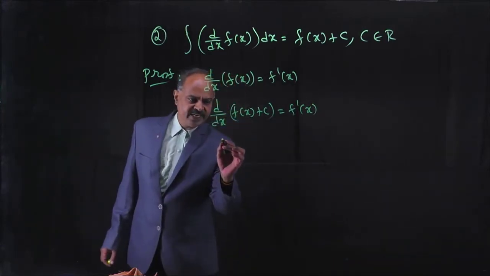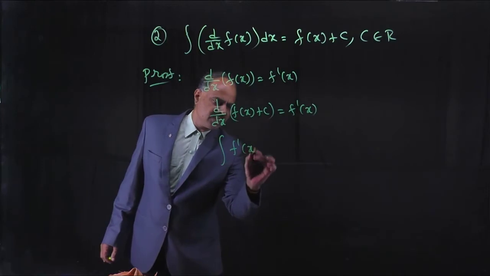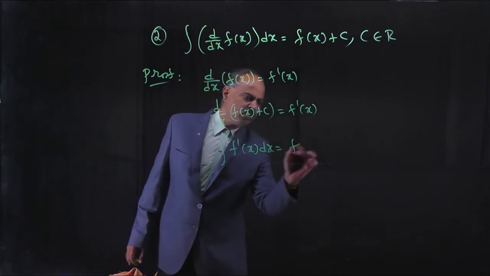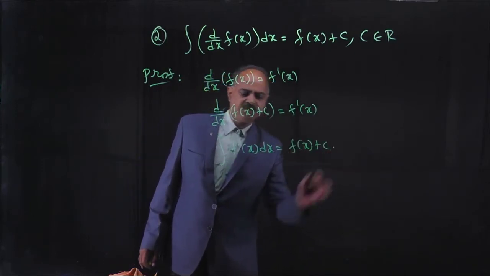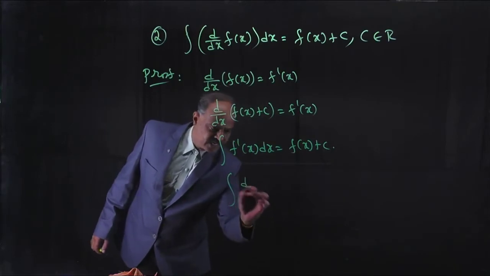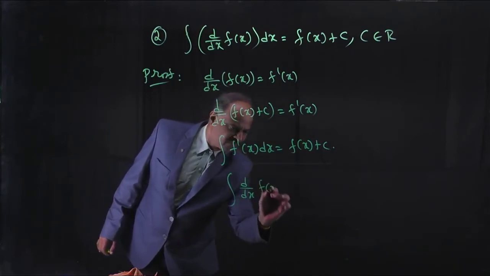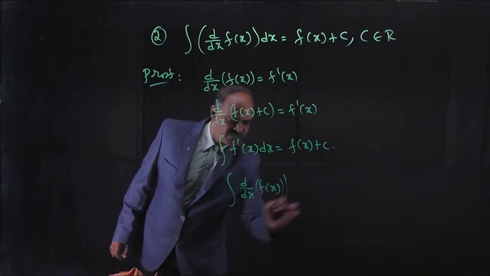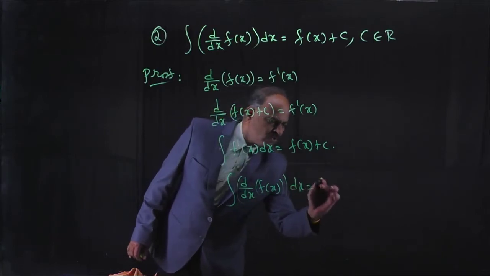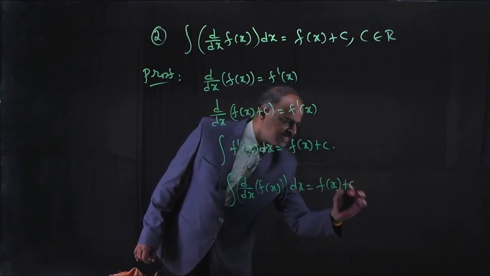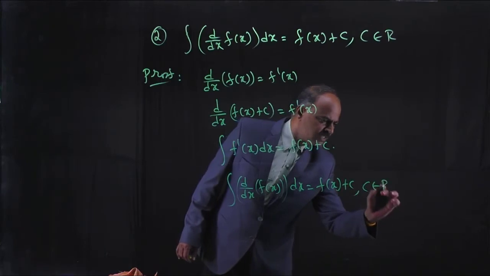Now integral f dash of x dx equal to f of x plus c. So integral d by dx of f of x dx equal to f of x plus c, c belongs to R.